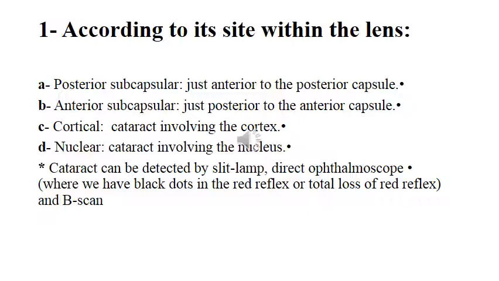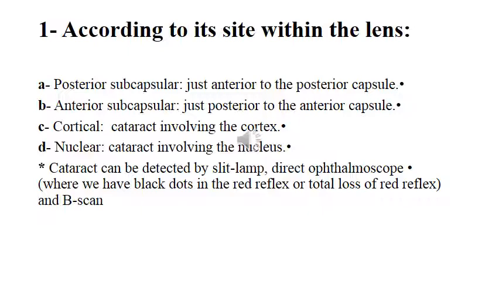Usually in direct ophthalmoscopy when we direct the light through the pupil, we will have the red reflex, which is the normal accepted view. If this red reflex is absent partially or completely, that means there is some opacity in the media that could be cataract.